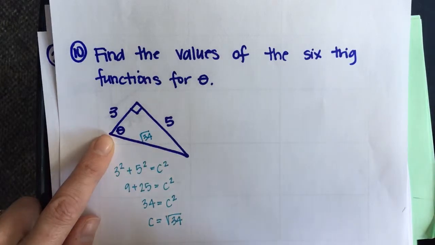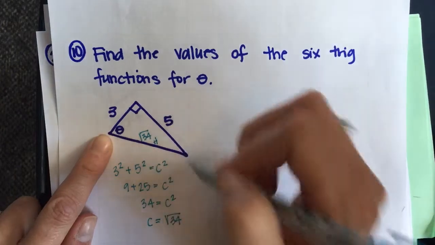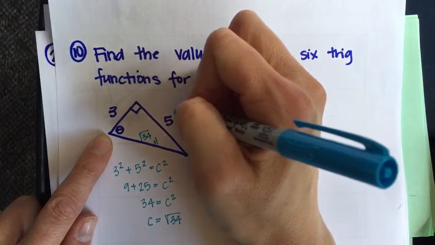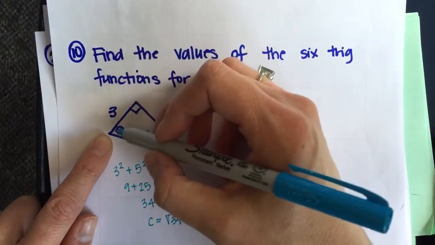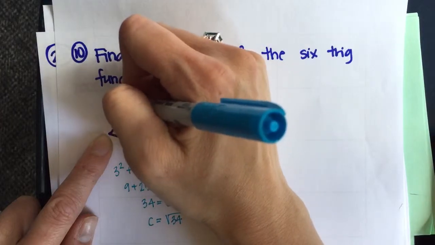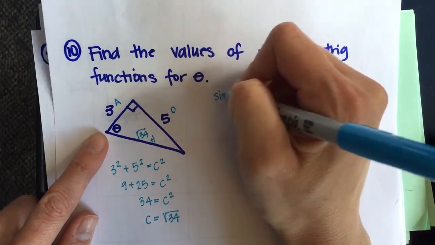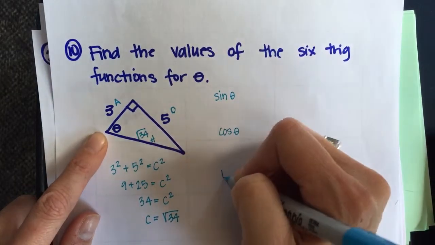So again, go to your angle. Let's go through and label the sides. Square root of 34 is the hypotenuse. Across from theta is the opposite side, that's 5. 3 is next to theta, that is the adjacent side. So our 6 trig functions, sine, cosine, and tangent.